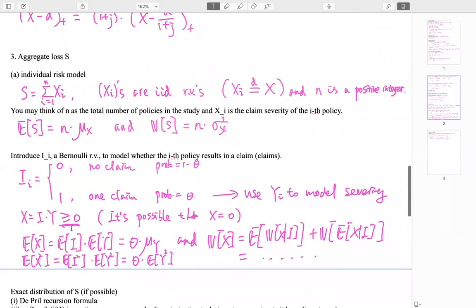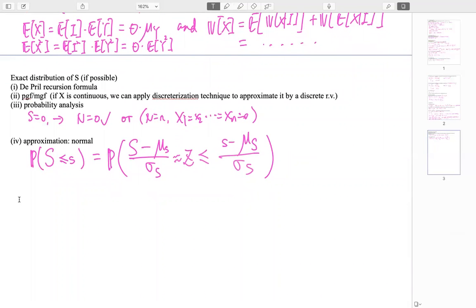The next one would be the collective risk model. So we study the collective risk model. So first, let me give you the model details of the collective risk model. Right. The meanings are straightforward.